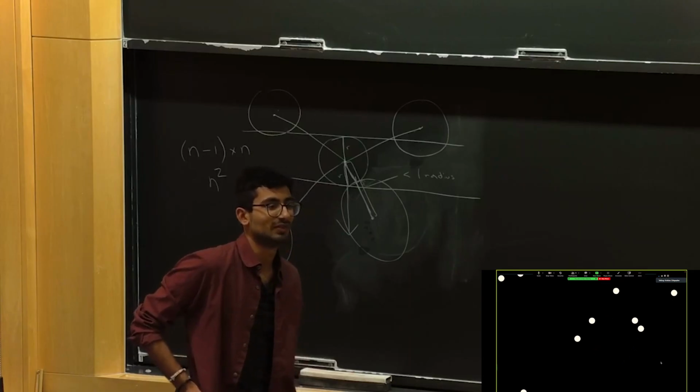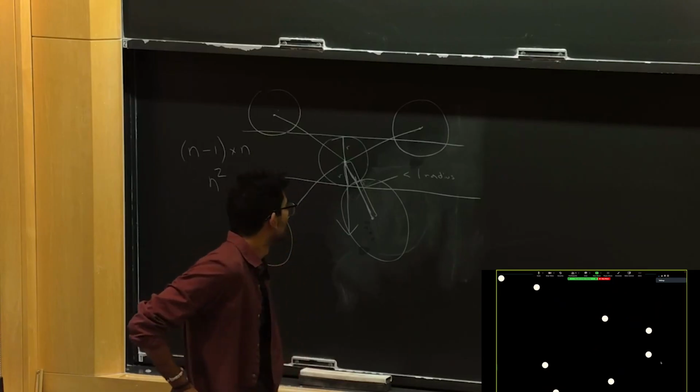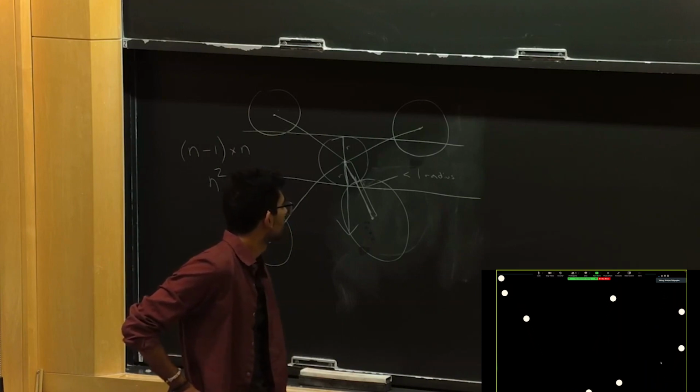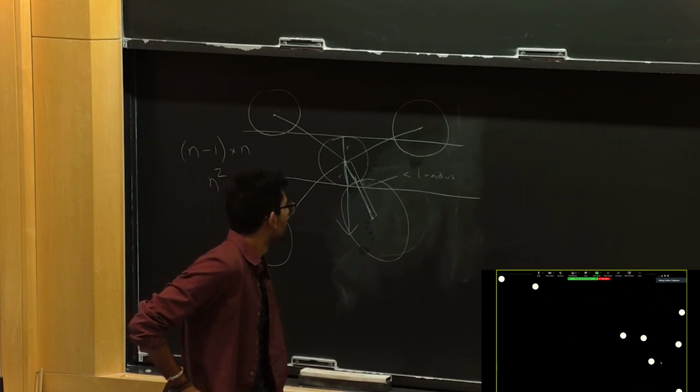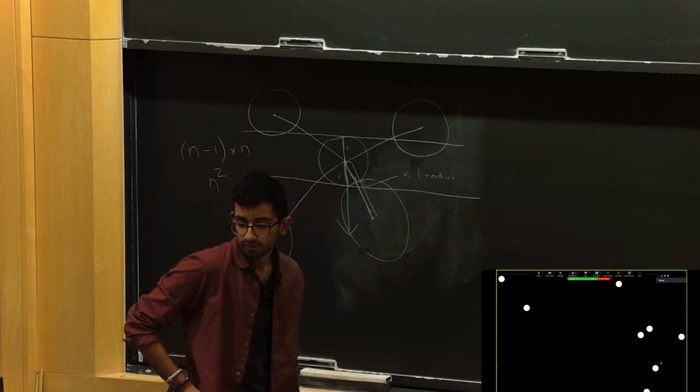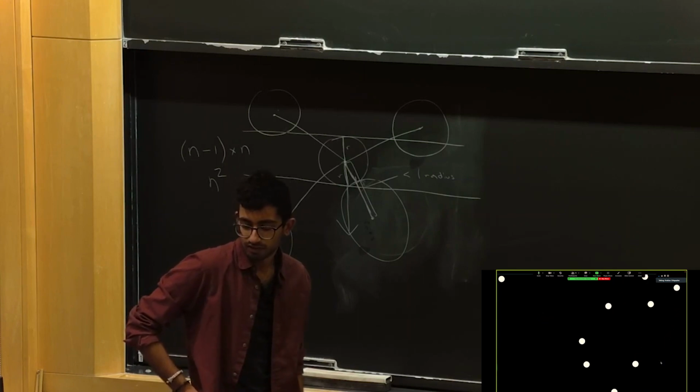Okay, so why might it be 1 times the radius? Because I agree with what you said. It certainly seems like it should be 2 times the radius. Not entirely sure. So probably take a little bit more thought than we have right at the moment. Maybe somebody on Zoom has the answer.